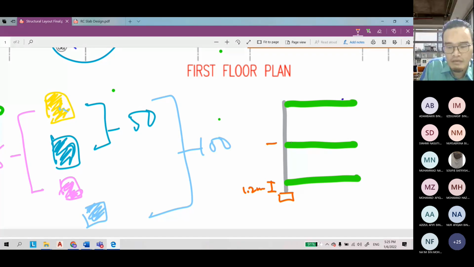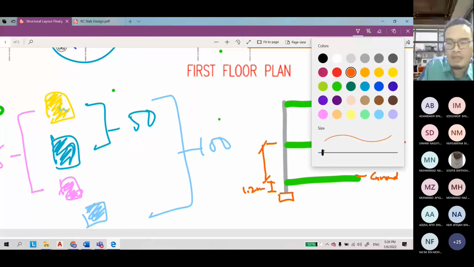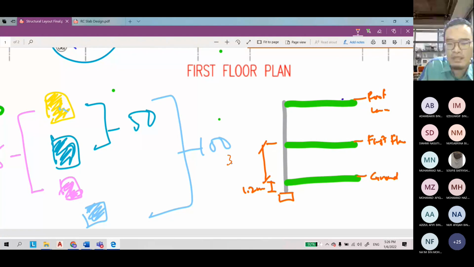This is your ground, this is your first floor, and this is your roof level. From ground to first floor the height is 3.0 meters, and from roof to first floor also 3.0 meters.